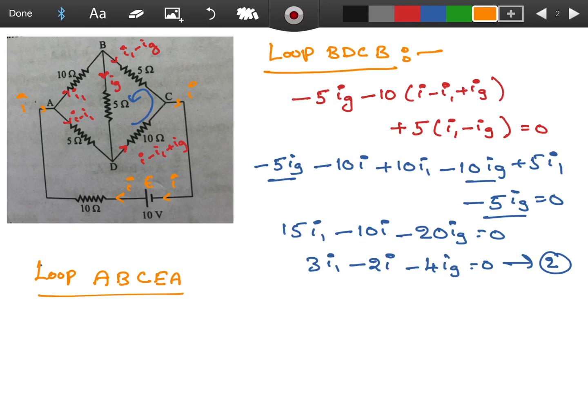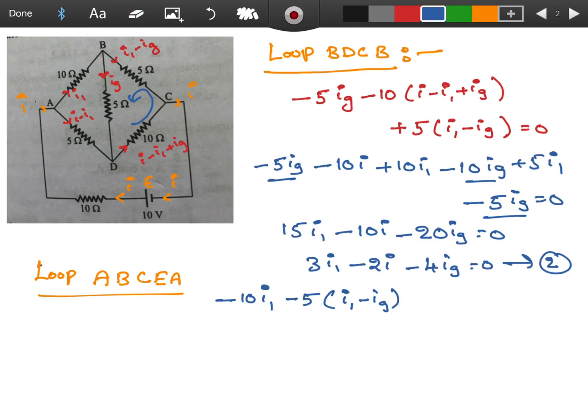First coming from A to B. When you are moving from A to B, what is your loop direction? Current direction, same direction, minus 10 into I1. B to C, again same direction, your loop and current, minus 5 into I1 minus IG. This 5 into I1 minus IG, same direction, that's why.